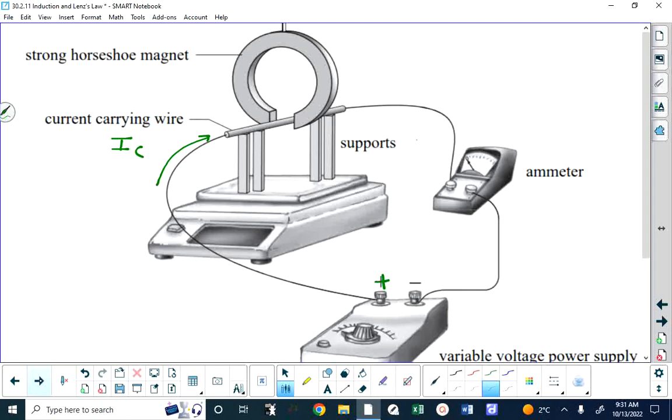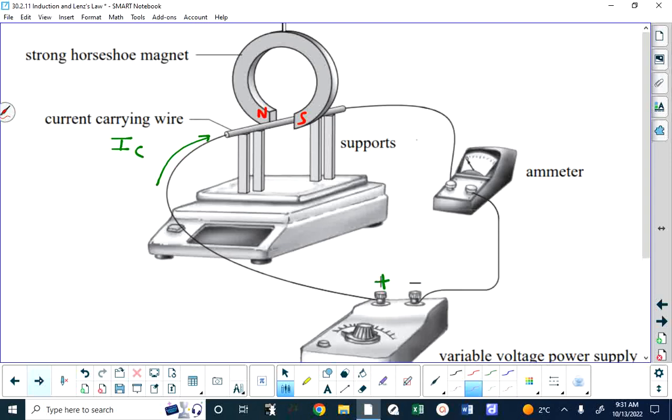I didn't indicate the poles here. Maybe I should next time. This is the north pole and this is the south pole of the magnet. So if we want to determine the direction of the magnetic force, I would hold my thumb in, my fingers north to south, and since I'm talking about conventional current, the force is downward.